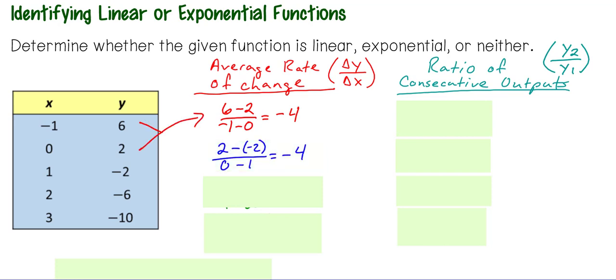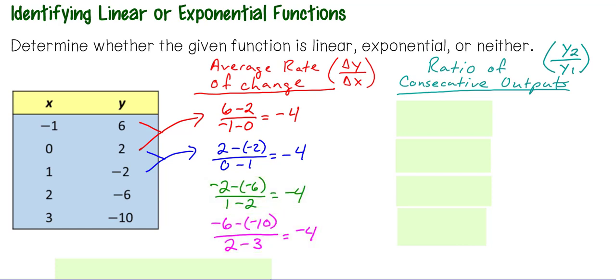The second one, I would be taking 2 minus negative 2 and dividing it by the x values of 0 minus 1, and that gives us negative 4. We would continue on doing the same thing for the next several rows because we're looking for a pattern here.